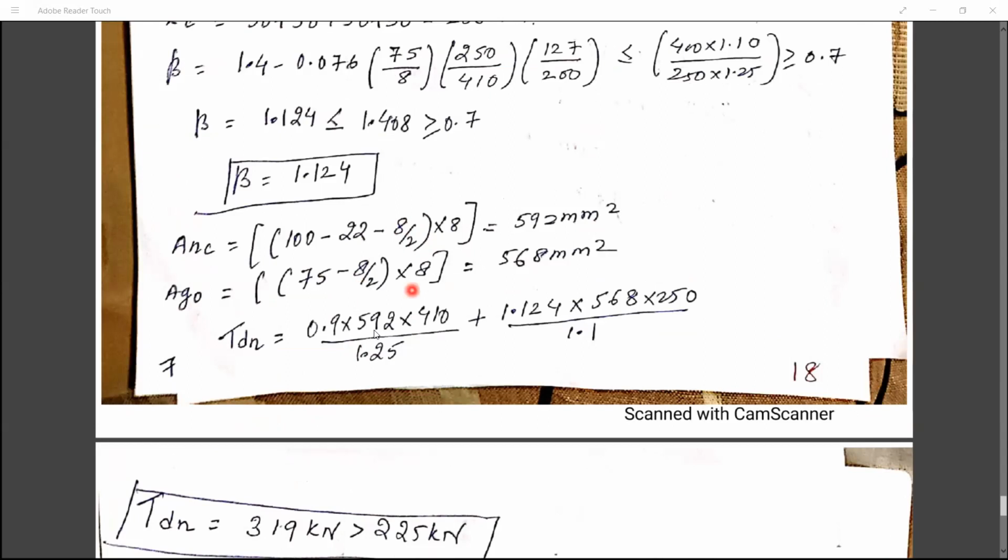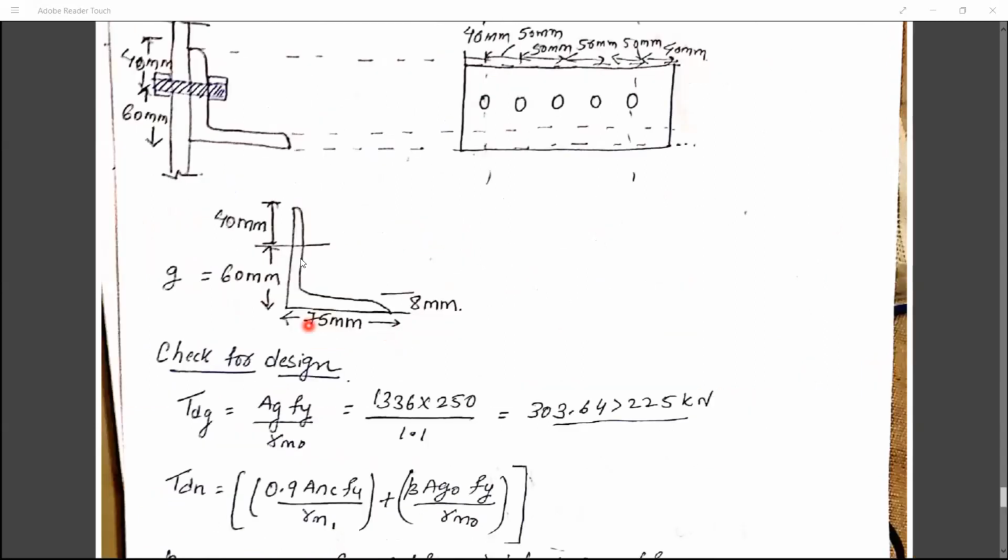What is our 75? This is our leg, 75. Our bolt is at this point. So this total is nothing but 100 mm. This is 75 and this is 8.